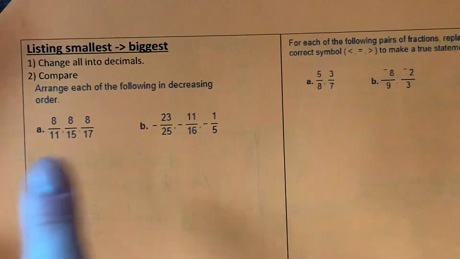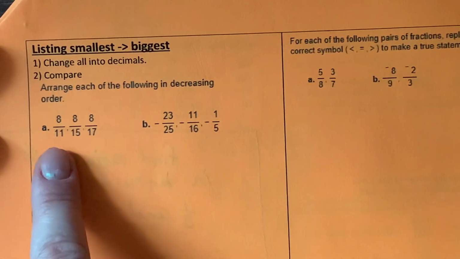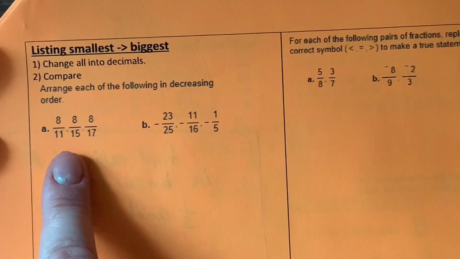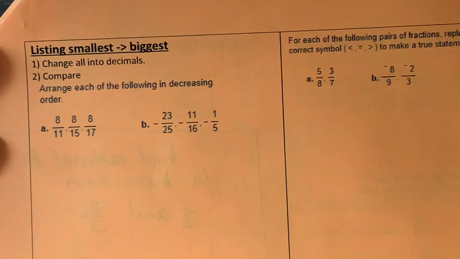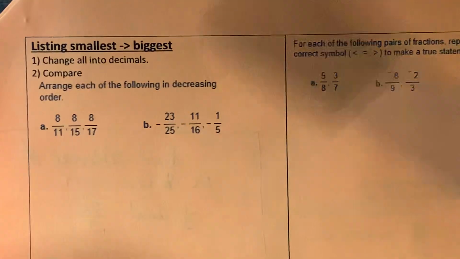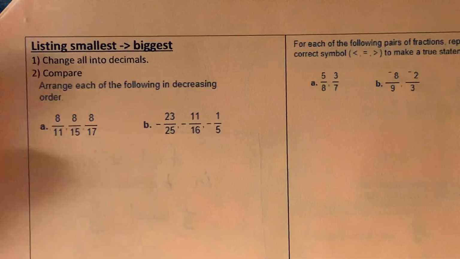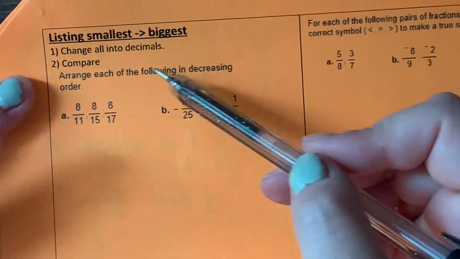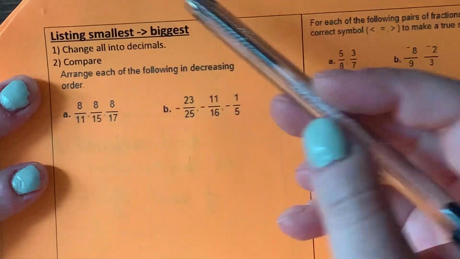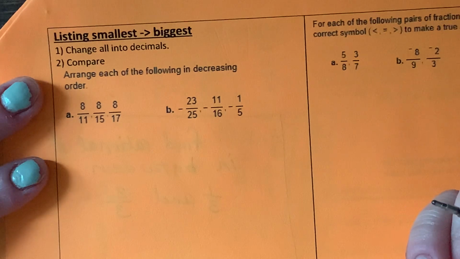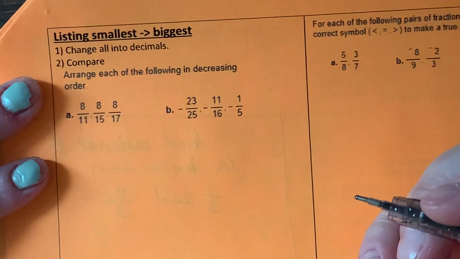But when you have your own kids in class, they might not do it that way. So let me show you a different way. We'll do it both ways, but let me do it the way you might have to do it with your kids. If your kids don't know how to use decimals or dividing, one way we can do this is we can come up with some common denominators.